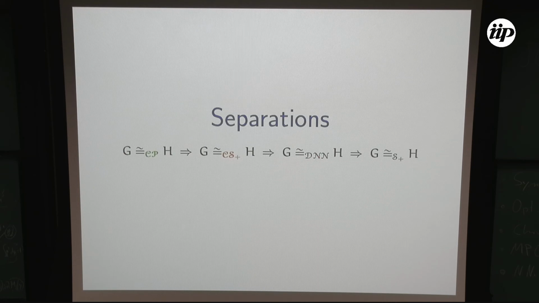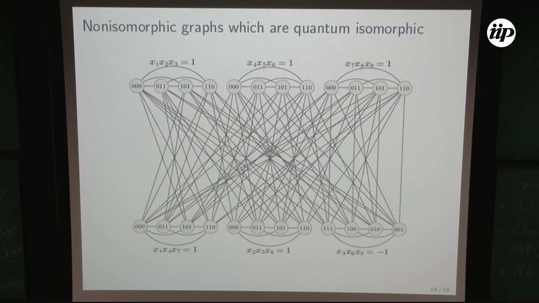So what I want to show you next is that none of these relations are the same. So there are always examples that are isomorphic with respect to the relation on the right, but not on the relation on the left, for every one of these arrows. So these are truly different notions.